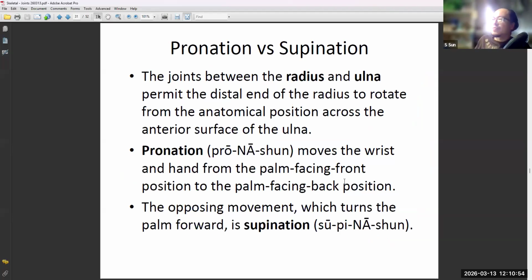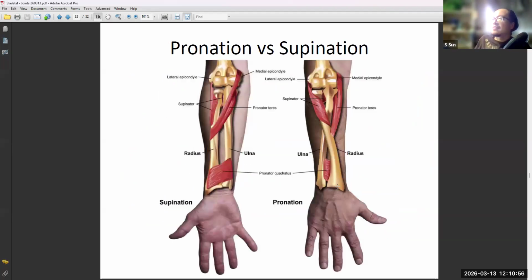Supination. Let me show here. So here is supination, pronation. You can see that your ulna and radius allow the joint to rotate. The way people think about it is like you're holding a soup. So this is supination, and the opposite is pronation.